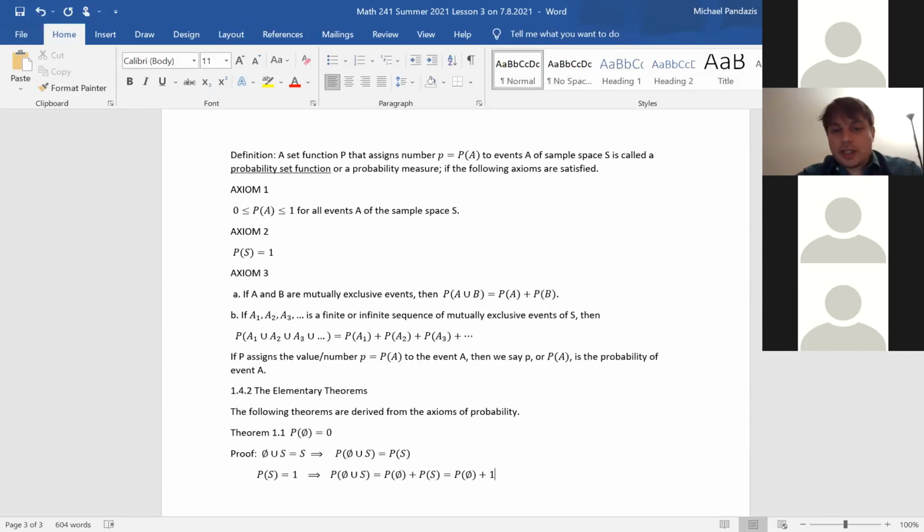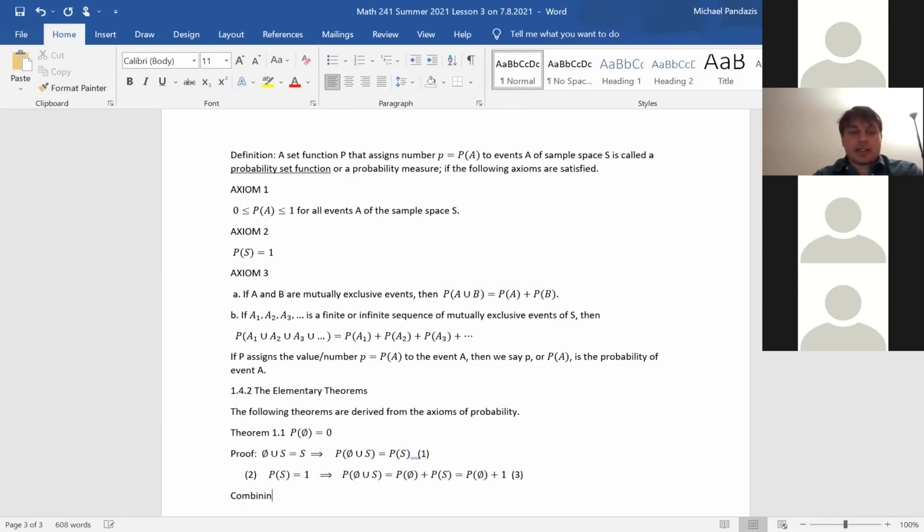I'm going to denote this by 1. We're going to denote this by 2, P of S equals 1. And we're going to denote this last equation by 3.